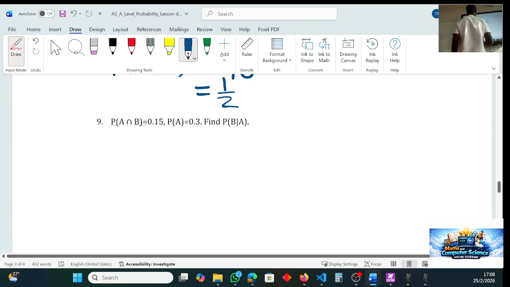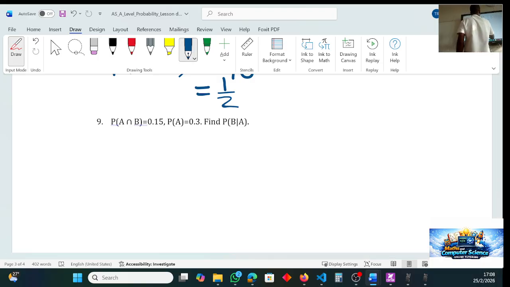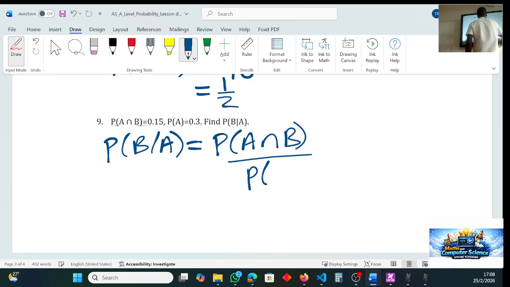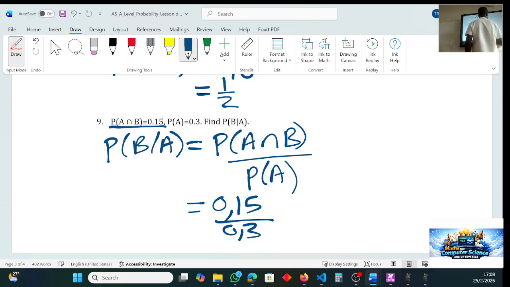We're given a condition here: the probability that B happens given A has occurred. This probability is expanded as the probability of A intersection B all over the probability of A. So we are given the intersection, which goes in the numerator, and I substitute 0.15 all over the probability of A, which is 0.3.